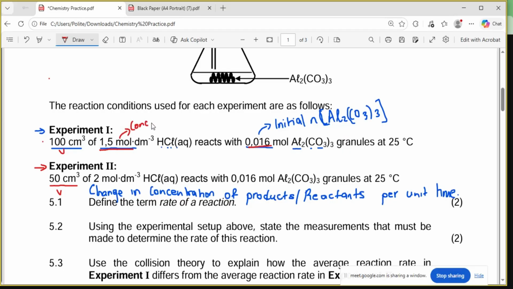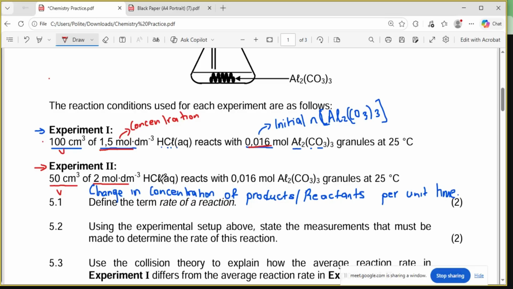This is the concentration of hydrochloric acid, given as 1.5, but for this one it is 2. So this tells you that experiment 2 has higher concentration than experiment 1. Guys, what I'm saying is obvious, it's there in the statement. We know that 1.5 is less than 2. So experiment 2 has a higher concentration. You understand? Are you guys still with me on that?